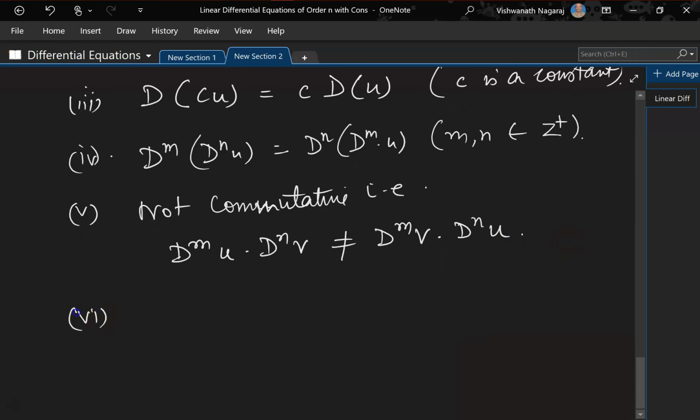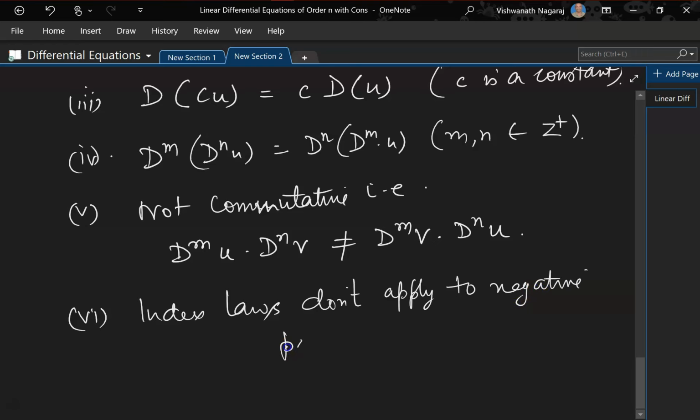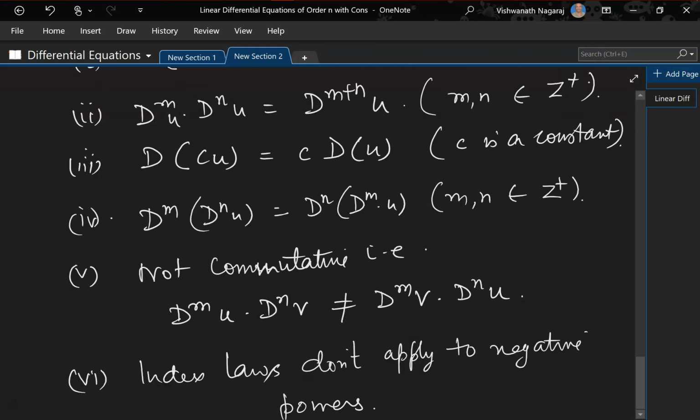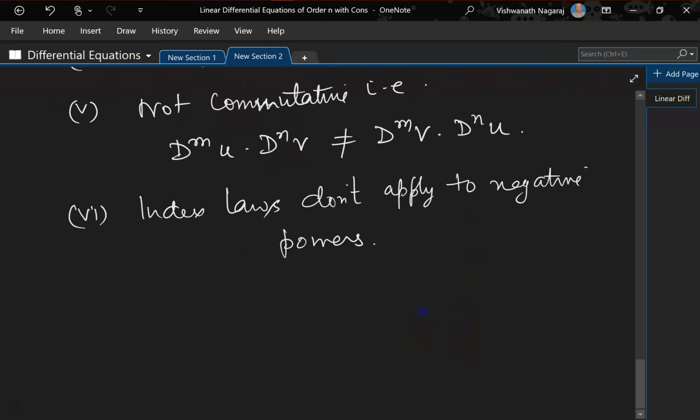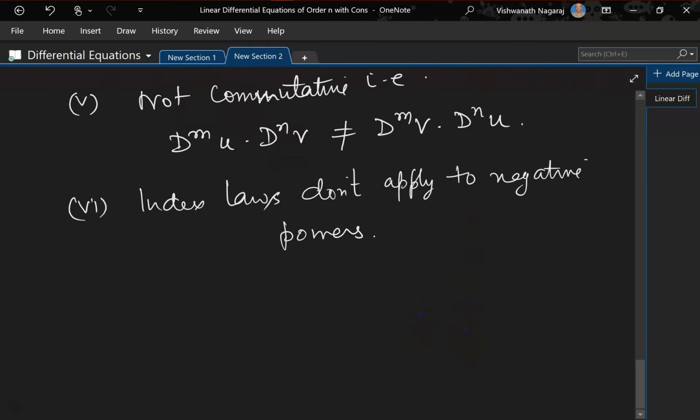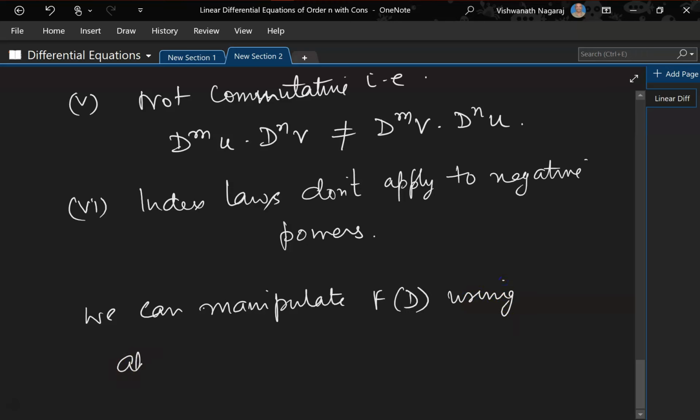And index laws don't apply to negative powers, because if we have negative powers, it's treated as a fraction. Okay, so which means we can manipulate F of D using the above laws.